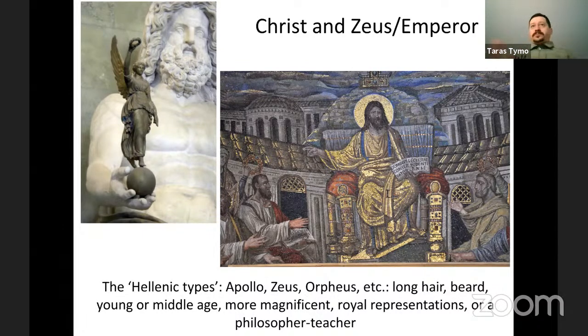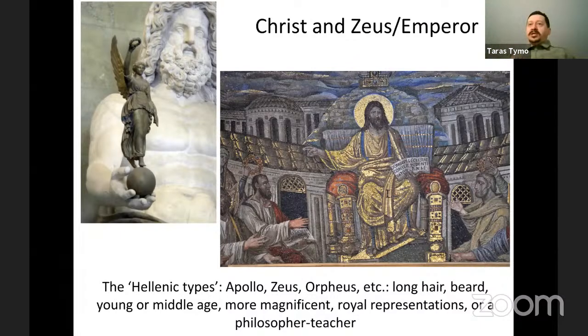So there are different Hellenic types, like Apollo, Zeus, Orpheus, which we have just seen. They contributed to another facet of iconography of Jesus, not the Emmanuel, the beardless young man, as we have seen before, but a mature man with long hair and beard, usually teaching or preaching to the crowds.